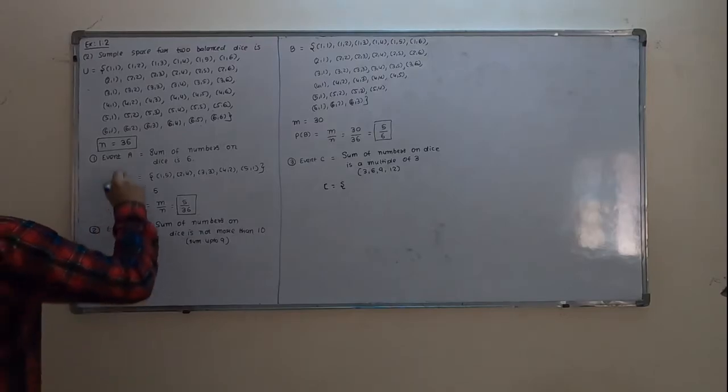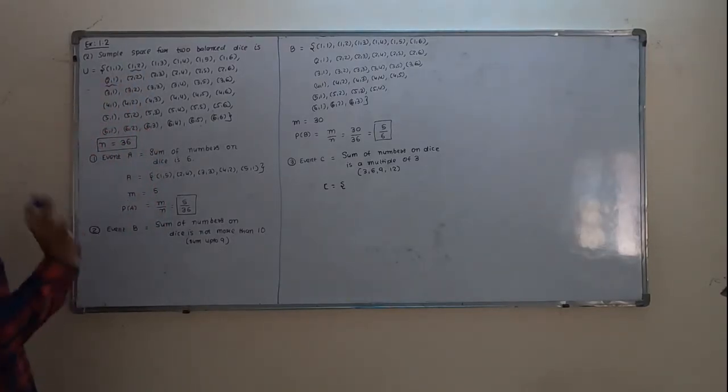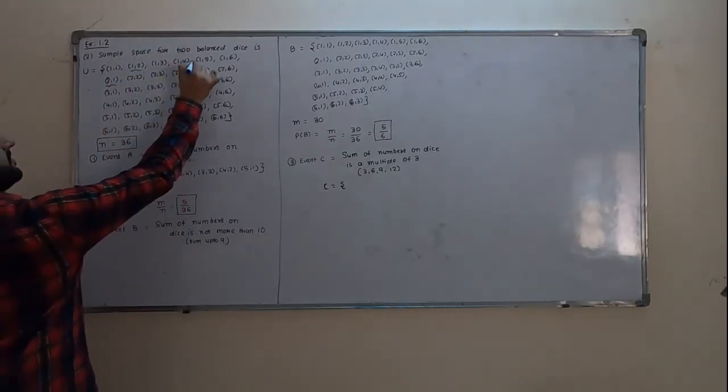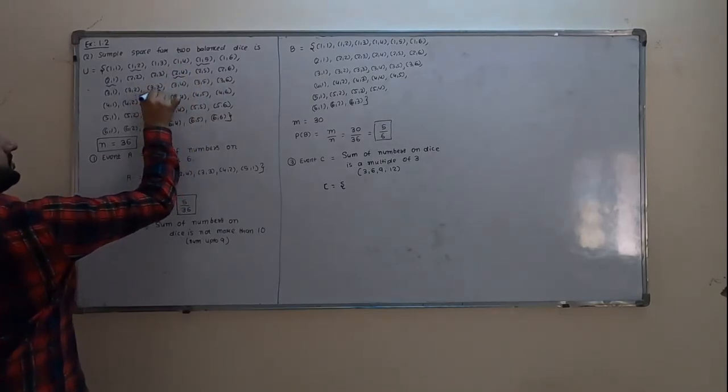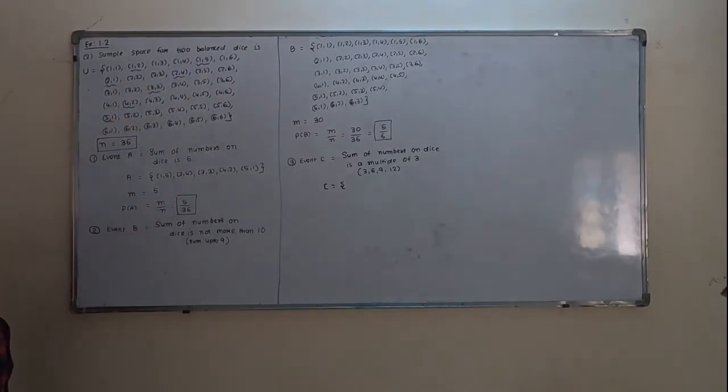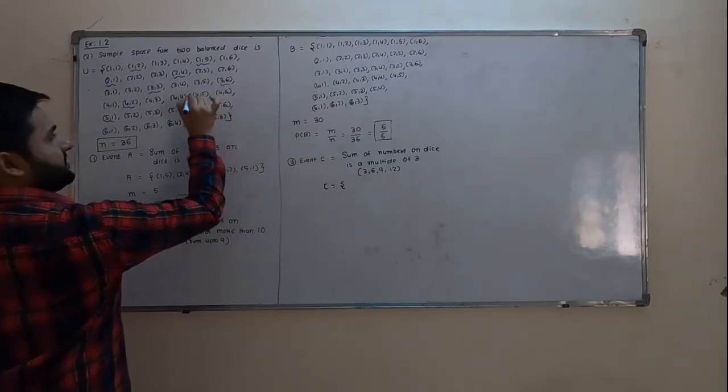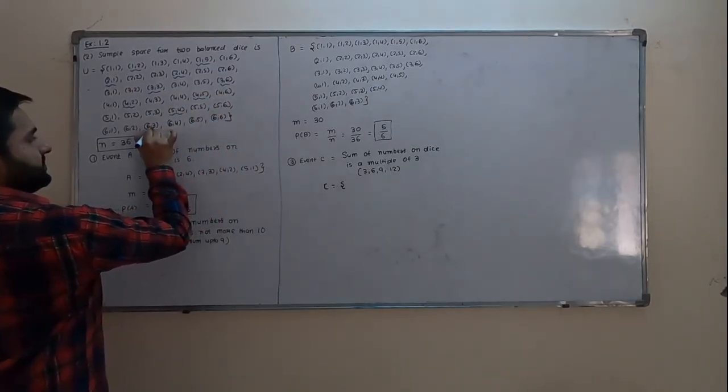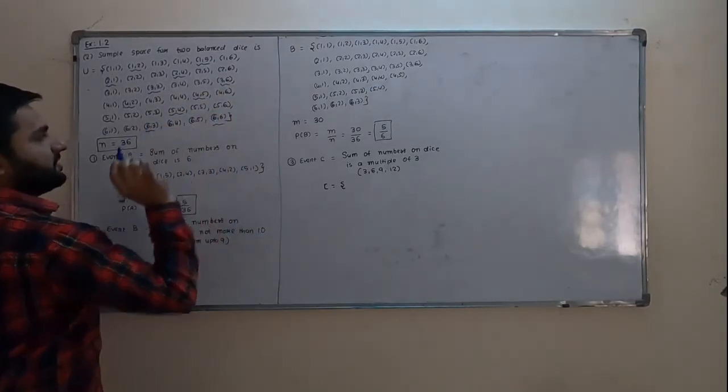So where the sum is 3: 1 2 and 2 1. Where the sum is 6: 1 5, 2 4, 3 3, 4 2, 5 1. Sum 9: 3 6, 4 5, 5 4, 6 3, and sum 12, only one element.